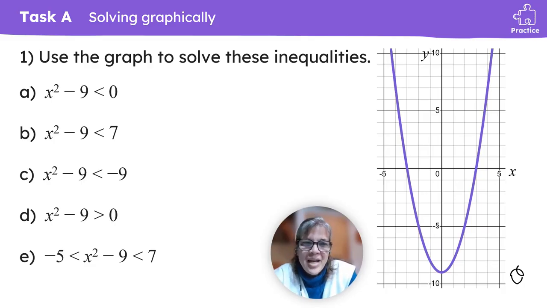All right, here's another one to try. Now, you have this task A and B given to you on a paper, hopefully a handout. So you can work on this in your paper. And when you've done this work, then you can carry on and correct your work by seeing what's here on the screen.